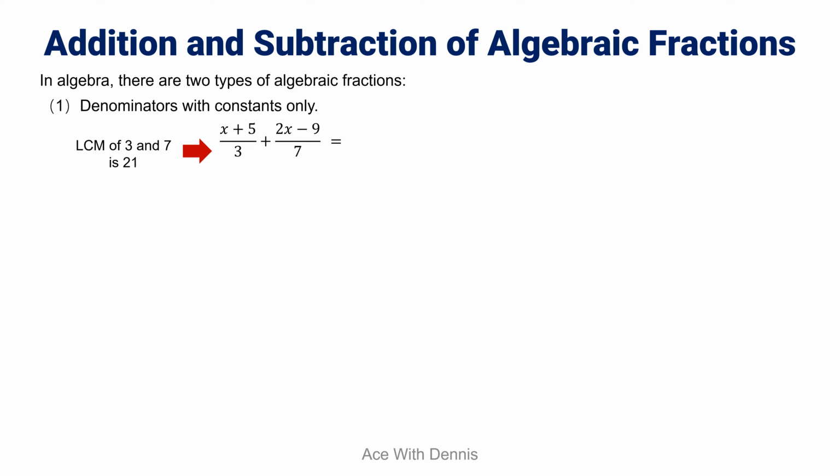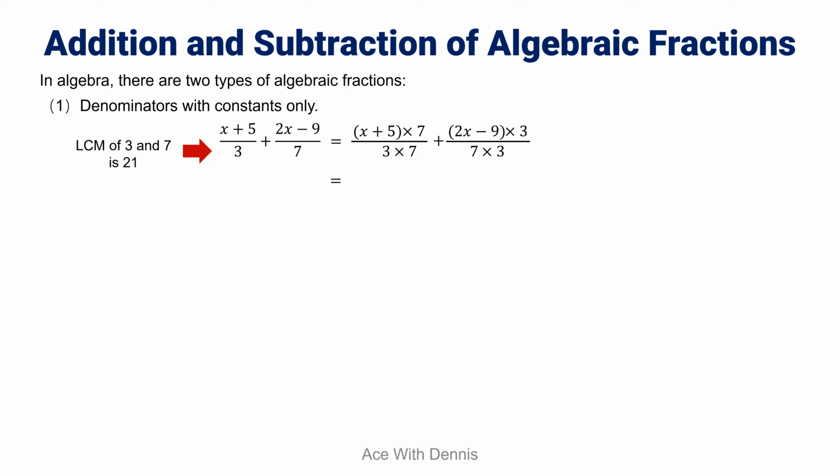So all we have to do is change them to the denominator of 21. For the first fraction, 3 times 7, and the numerator will be x plus 5 times 7. Then plus the second fraction, 7 multiplied by 3 gets 21. Hence the numerator also does the same thing, 2x minus 9 times 3.